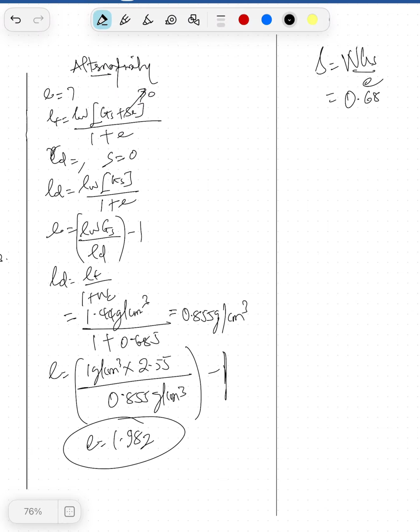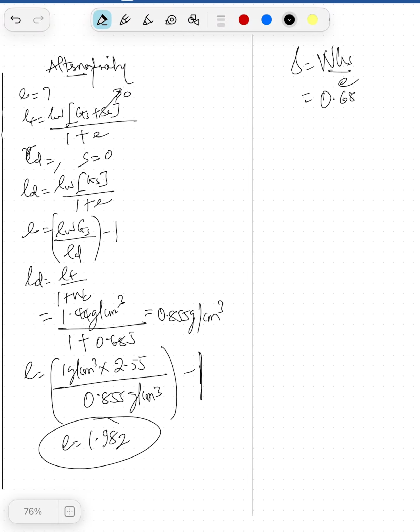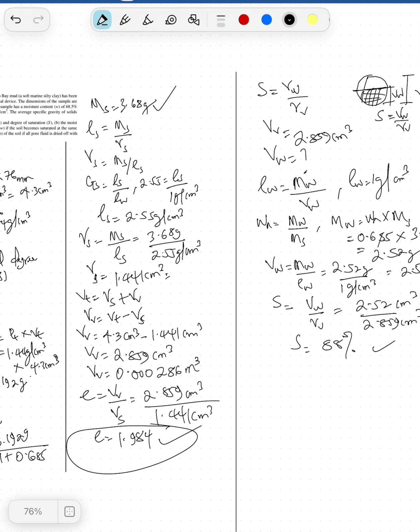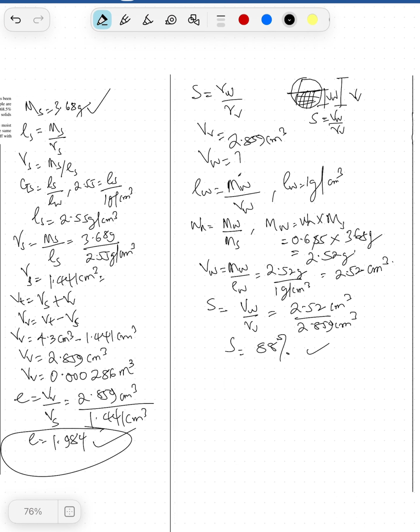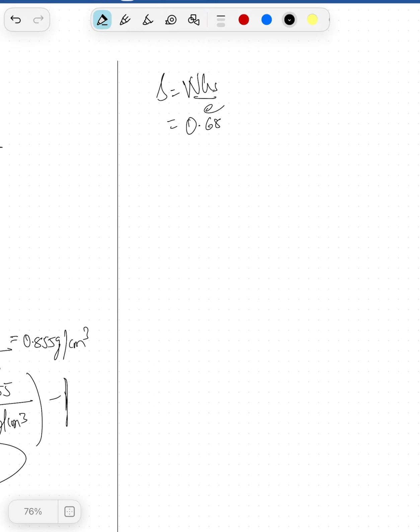What's the water content? 0.685 times 2.55 all over 1.982.